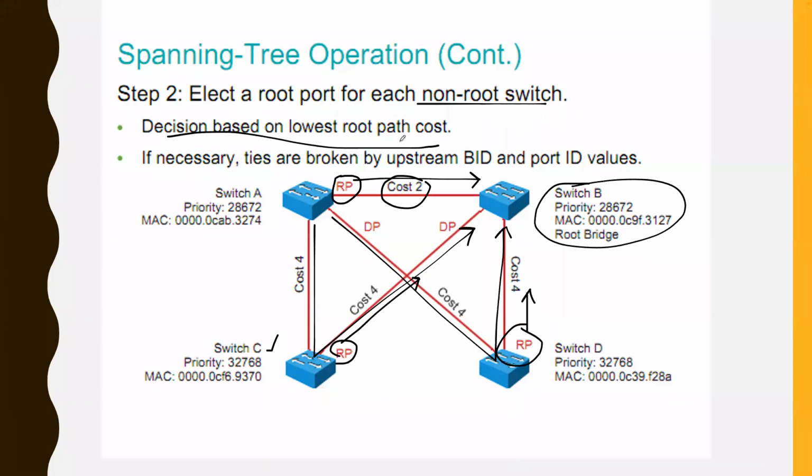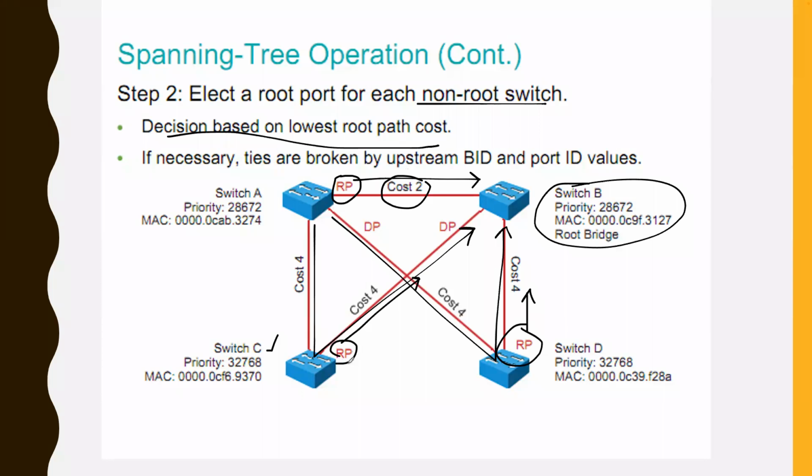Why do we need a root port? Do we move data through those for priority? No. As of now, we are not talking about data. What we are trying to do is break the loop and build a tree-like structure within this topology. That's why this is the second step, to select a root port.